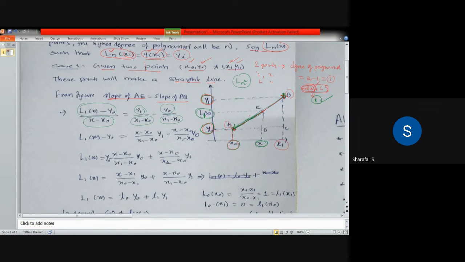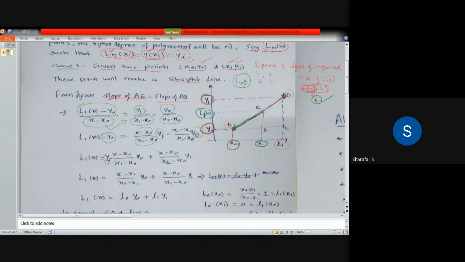I can write it as y1 by x1 minus x0 minus y0 by x1 minus x0. Now you just take this x minus x0 to the other side, then you can write it as x minus x0 divided by x1 minus x0 into y1 minus x minus x0 by x1 minus x0 into y0. Now take this minus y0 to the other side, then it will become plus y0.